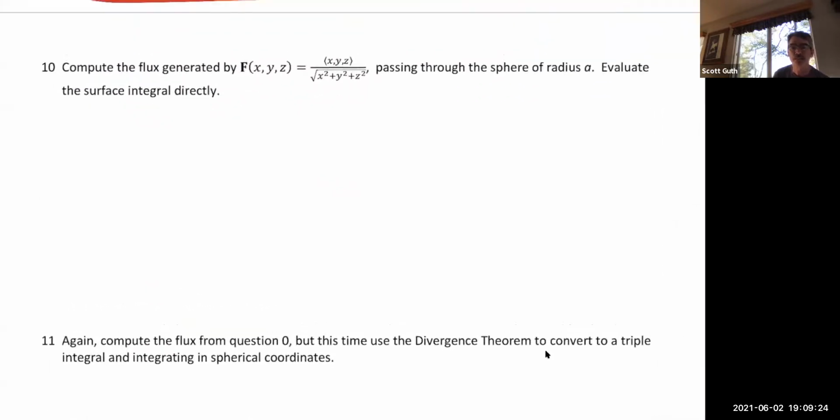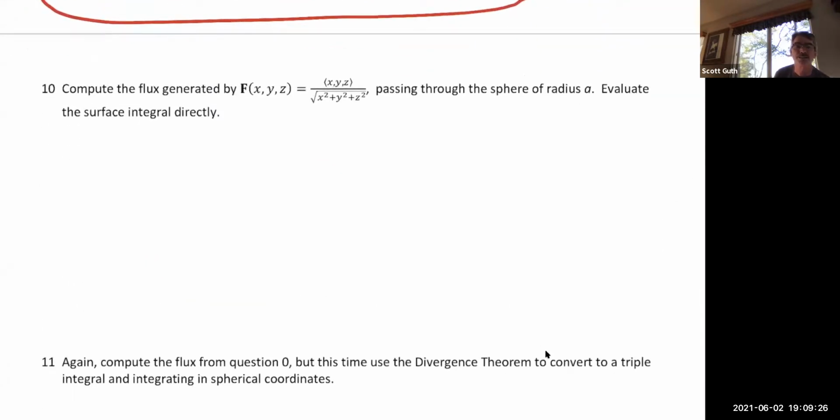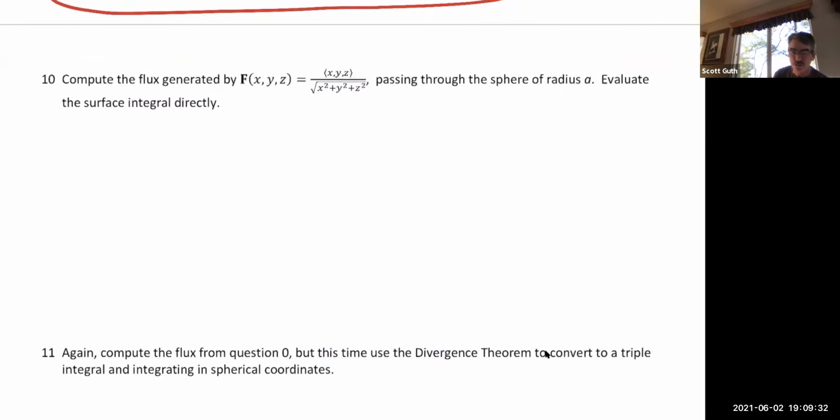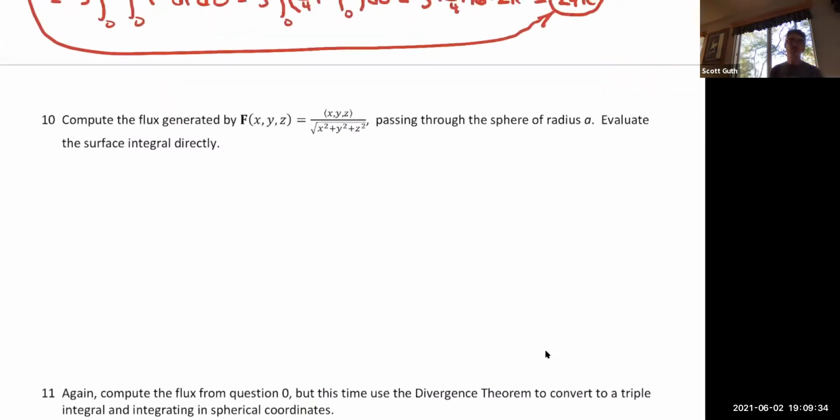Okay, this one's asking, didn't give much space, did I? So I have to do the flux generated by that field through a sphere of radius A. Now we are constrained to the surface, remember, because it's a surface integral.